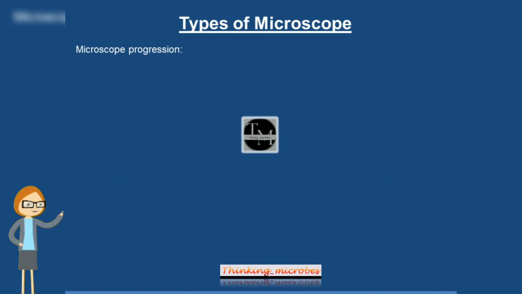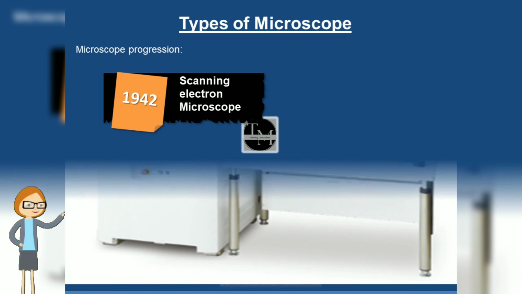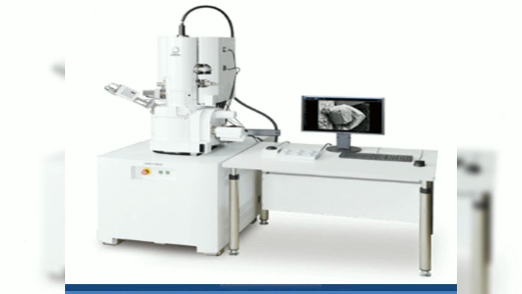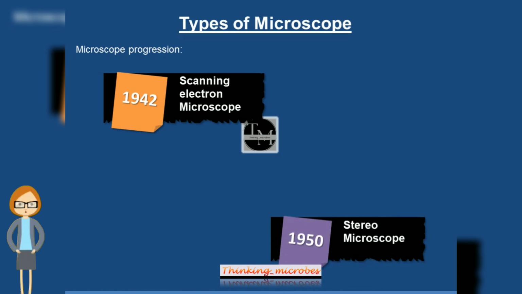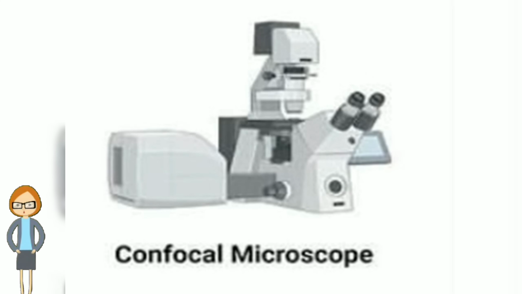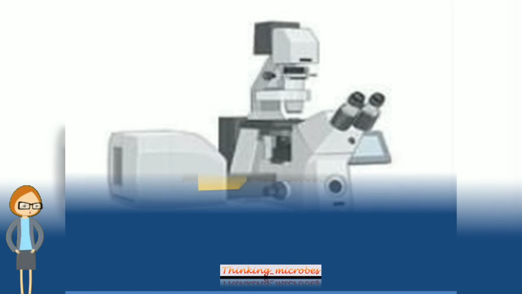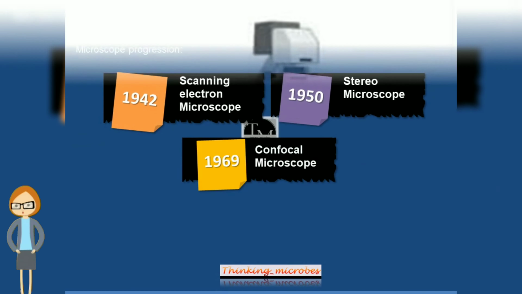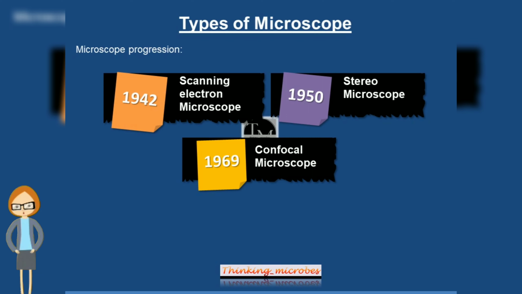Our second list belongs to the mid-world era: the scanning electron microscope, again a big structure, the stereo microscope and the confocal microscope. These microscopes belong to the mid-world era, invented between 1942 and 1969.